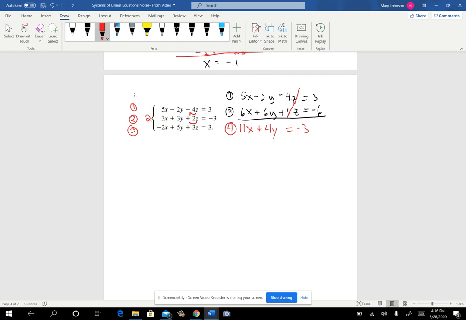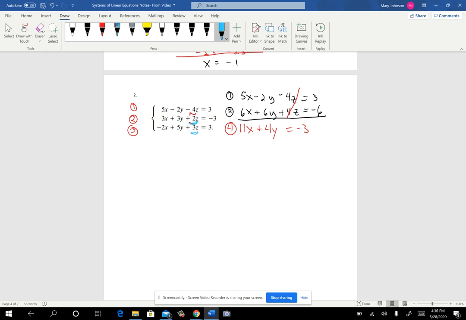Okay. All right, now what I have to do is go back to my original equations and pick a different two and see how I eliminated z the first time. I have to eliminate z the second time. All right, so maybe I'm going to work on equations 2 and 3 this time. See, I need to do both of them.